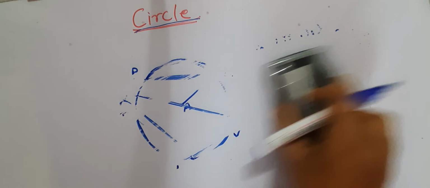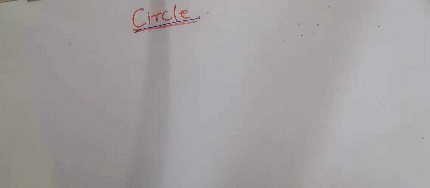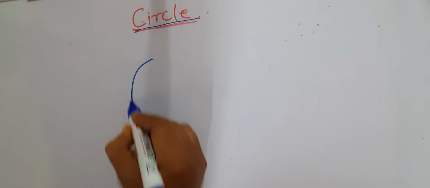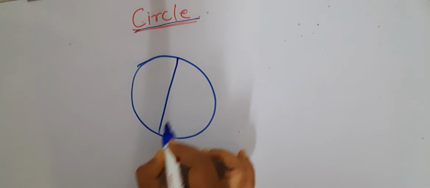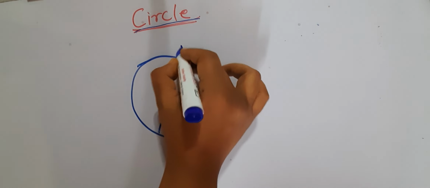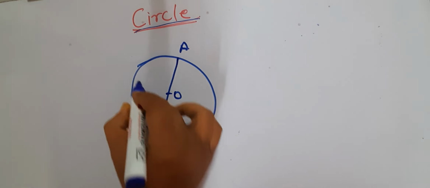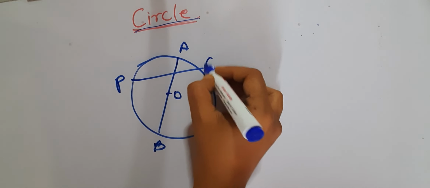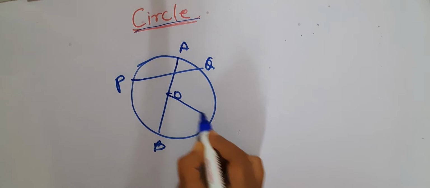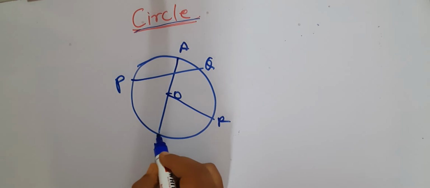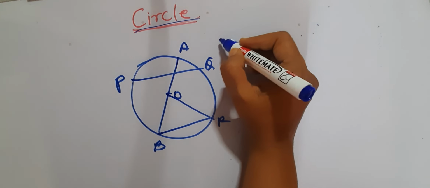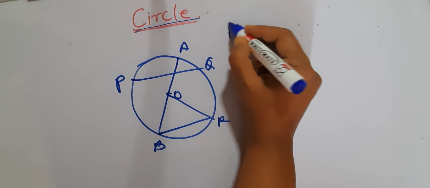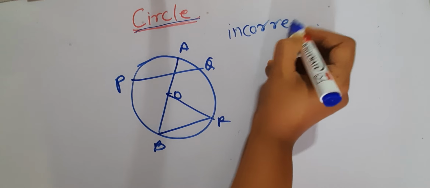Let's take another example. Suppose this is a circle with the center as O, this is AB, PQ as a chord here, R, and BR is connected. And they have asked which of the following options is incorrect. We have to find the incorrect option here.